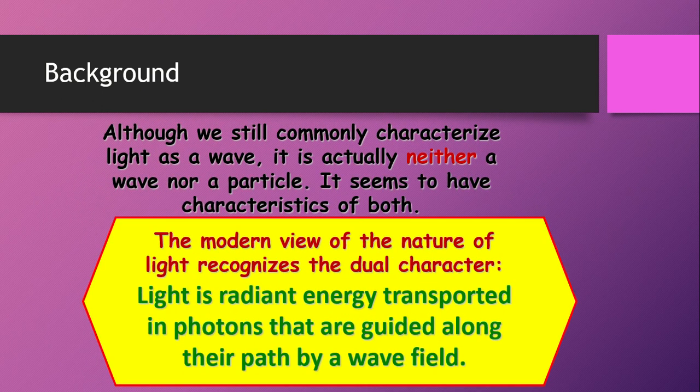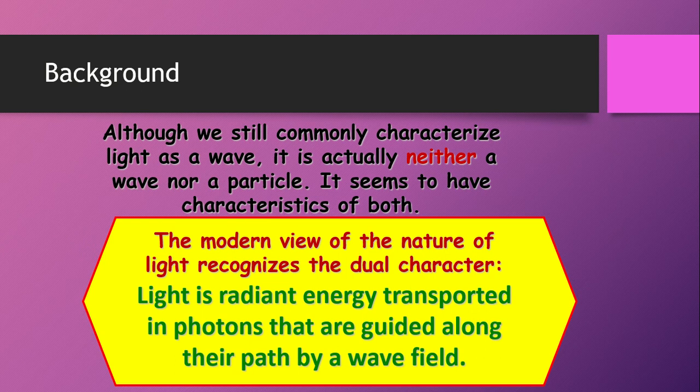Although we still characterize light as a wave, it is actually neither purely a wave nor a particle. It seems to have characteristics of both the particle and the wave, so it doesn't contradict either of them. The modern view of the nature of light recognizes this dual character.